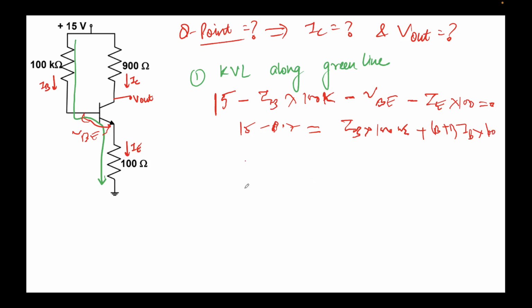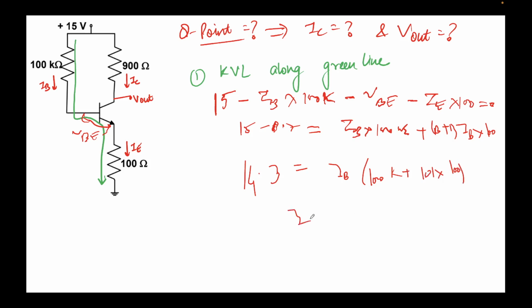So this will come out to be 14.3, and on the right side, I'll take IB as common. I'll get 100k plus beta plus 1, where beta was 100, so this will be 101 times 100, which is 10.1k.